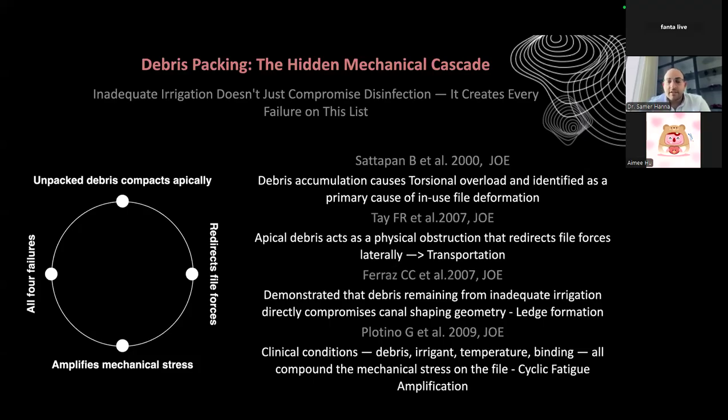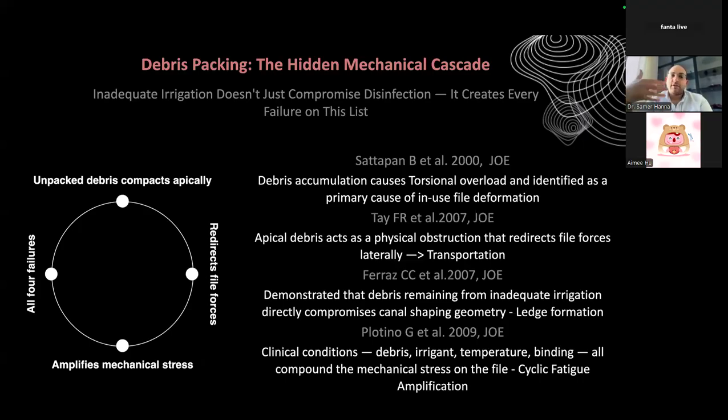Fv in 2007 also demonstrated that debris remaining from inadequate irrigation directly compromises canal shaping geometry, which will later cause ledge formation. And Plotino G. et al. in 2009, Journal of Endodontics again: clinical conditions, debris, irrigant temperature, and binding all compound the mechanical stress on the file, which will cause cyclic fatigue amplification, which might cause the separation of the instrument.